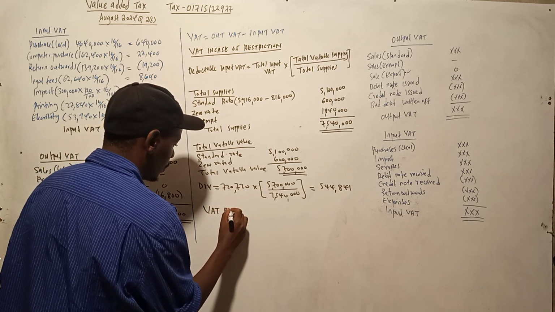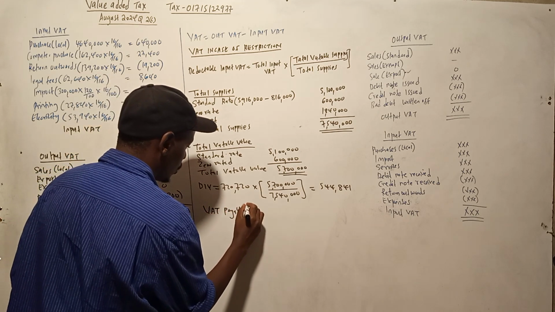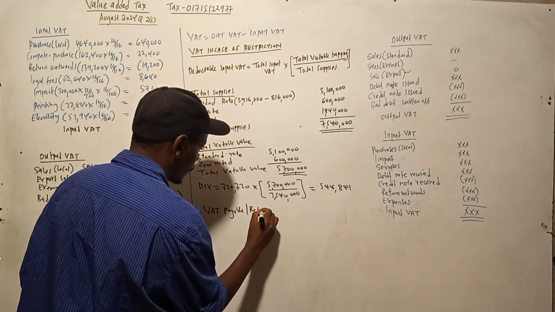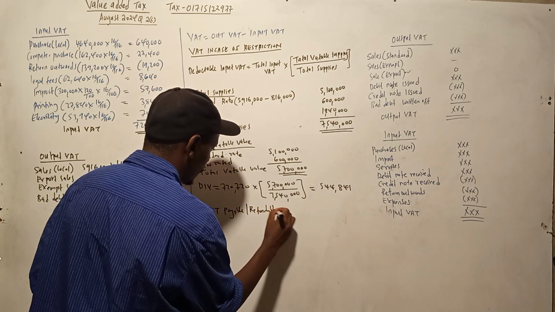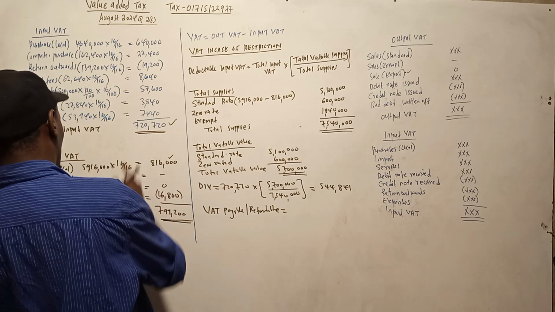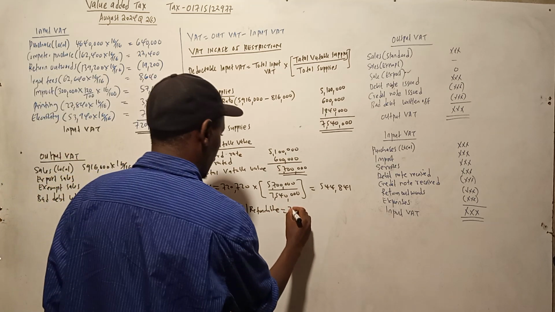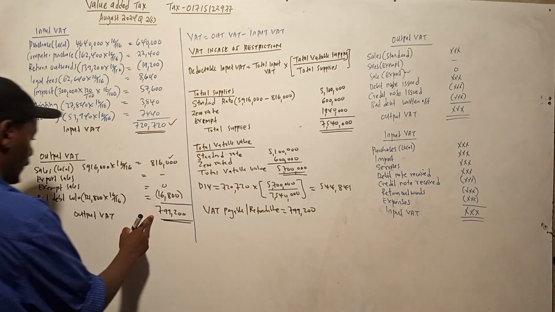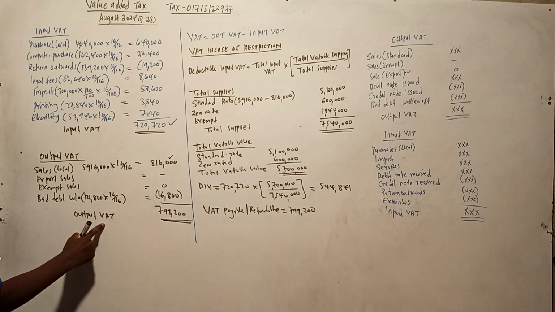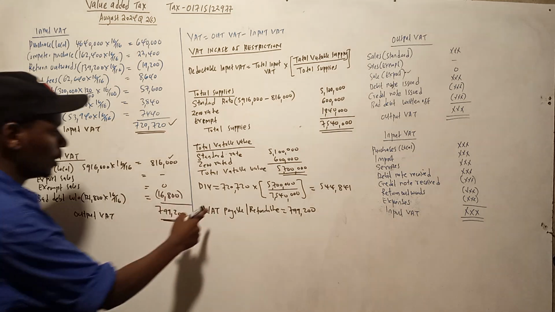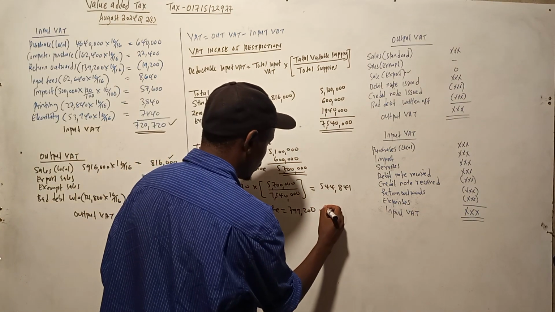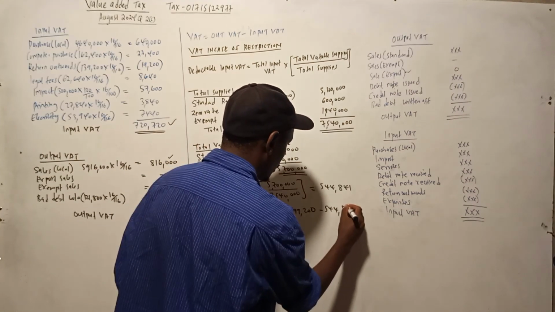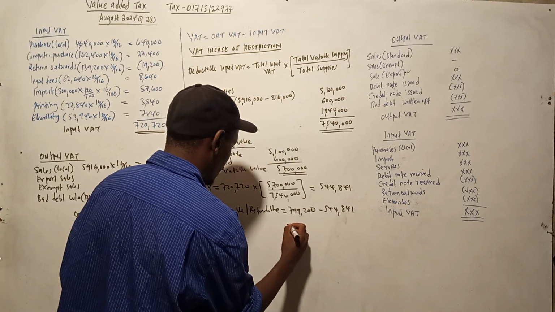Now you can get out VAT, payable or refundable. It can be payable or refundable. So you take output VAT, which is 799,200. So 799,200, you less the deductible 544,841. So it is payable.